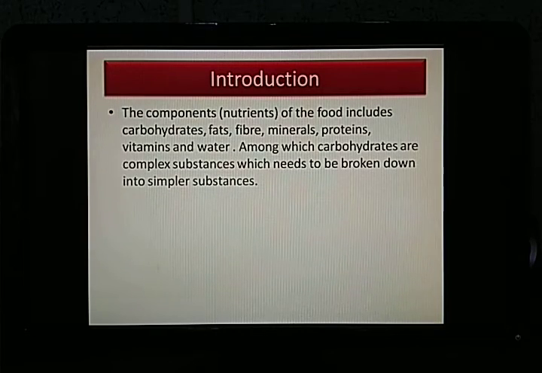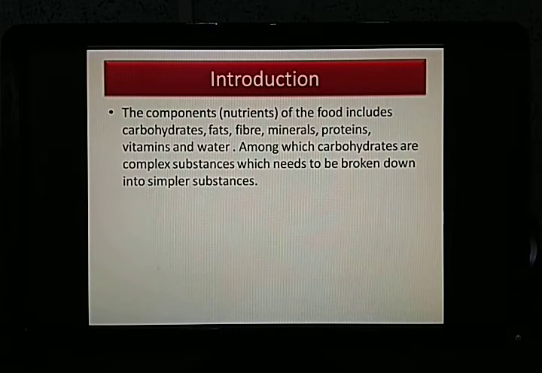The components or the nutrients of the food include carbohydrates, fats, fibers, minerals, proteins, vitamins, and water, among which carbohydrates are complex substances which need to be broken down into simpler substances. Yes, we already discussed in the last chapter about some of the nutrients of the food. So here the nutrients are a bit different. Here sunlight or chlorophyll is not used.